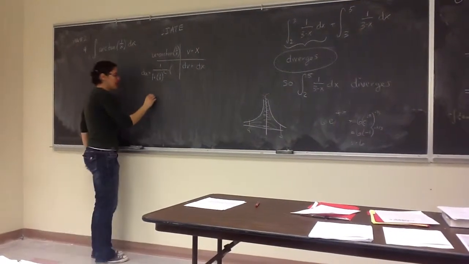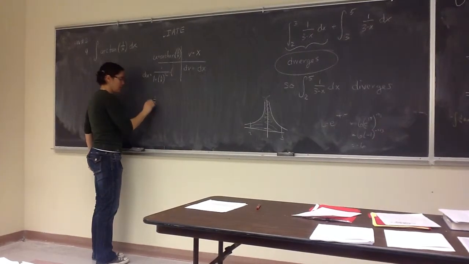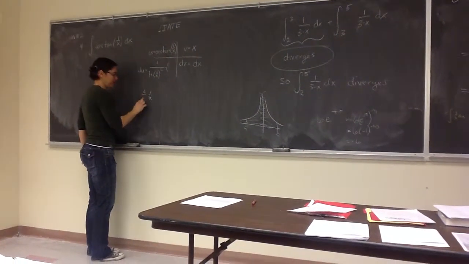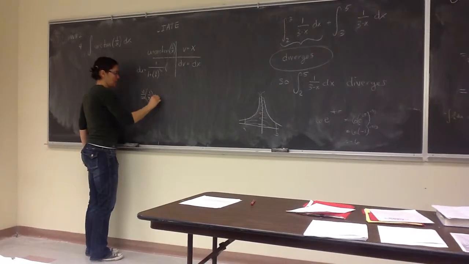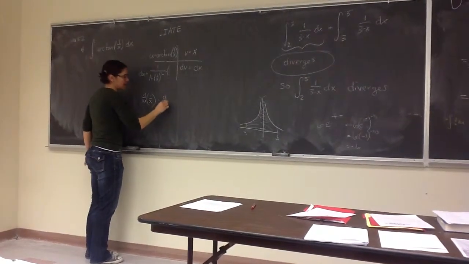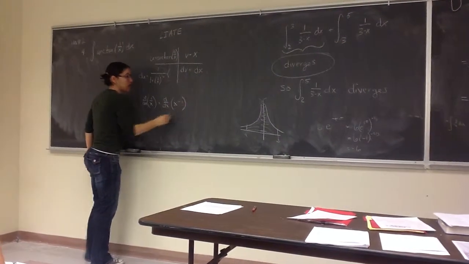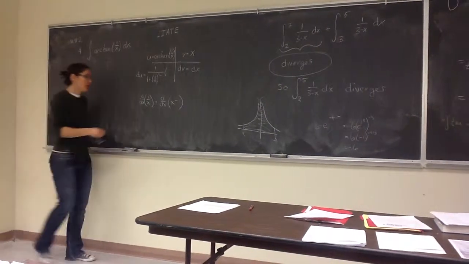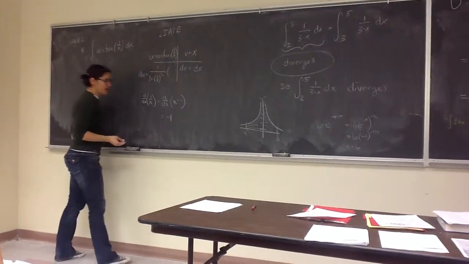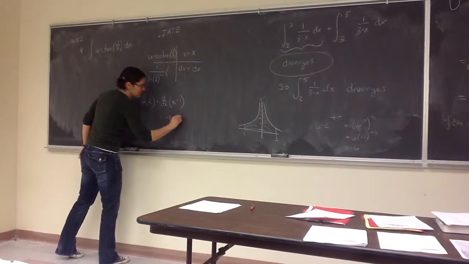Now, the derivative of 1 over x, well, I might rethink this as the derivative of x to the negative 1, and so now I can use my power rule. So I bring that first power down, negative 1, and then I have x raised to the negative 2.